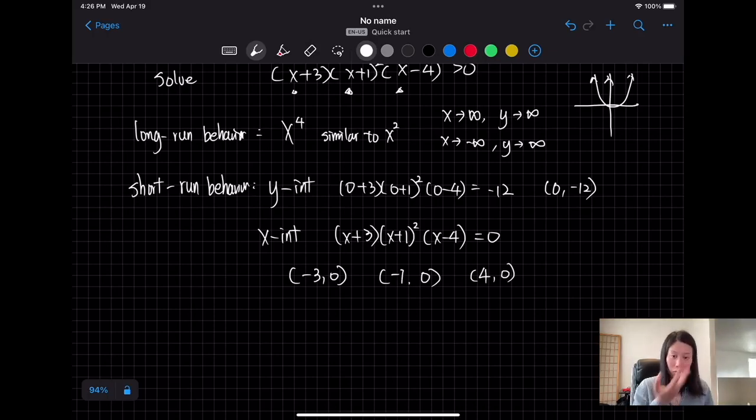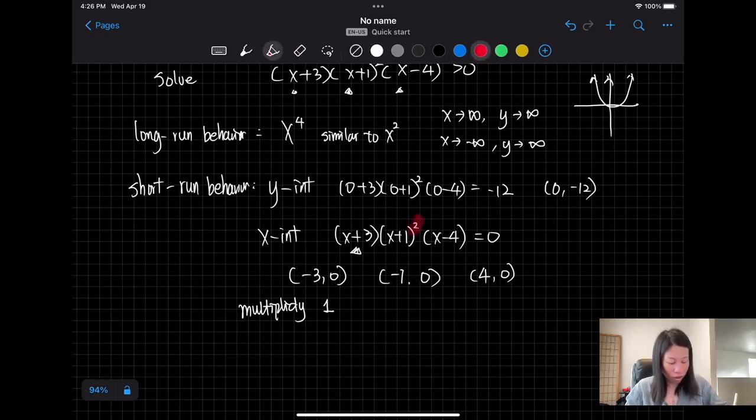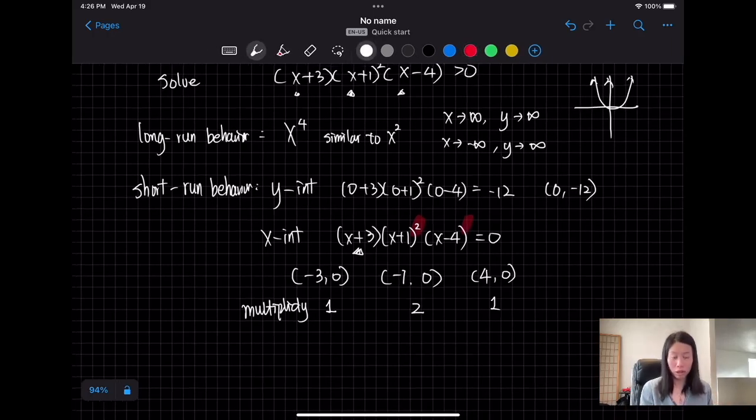After that, we need to find the multiplicity. The multiplicity of the first intercept is 1, because the power is 1. For the second one it is 2. The multiplicity of the last one isn't shown here, so it's 1, because the power 1 is itself.